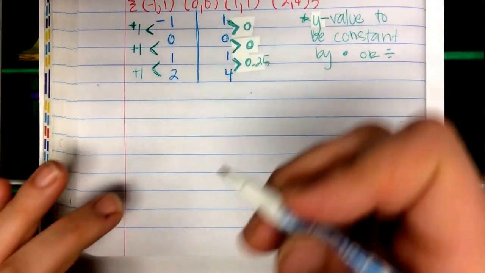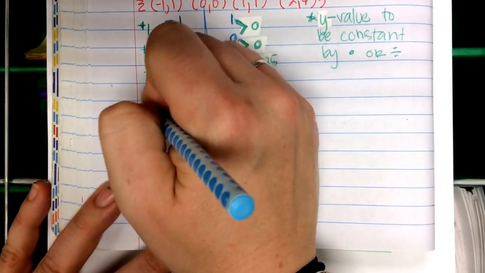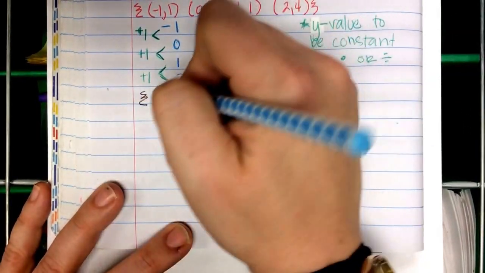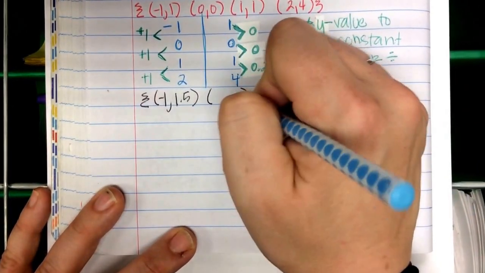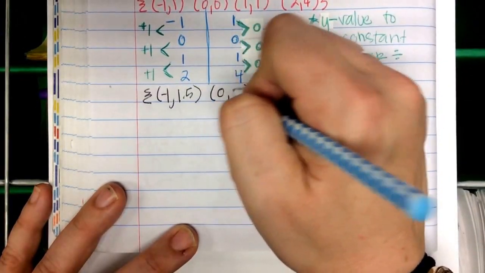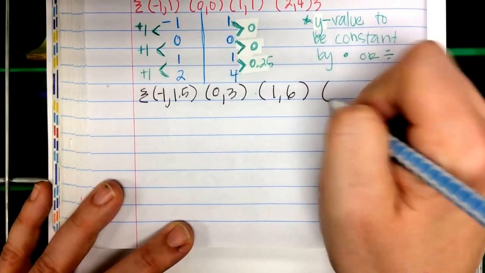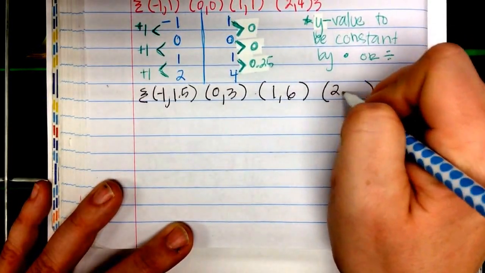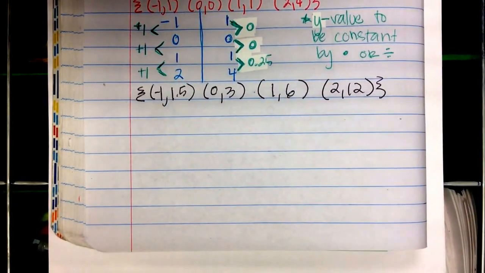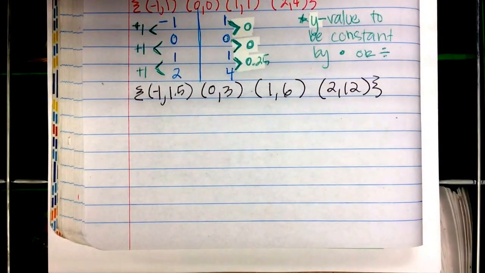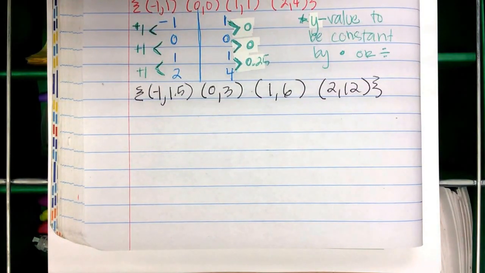Let's do -1, 1.5. 0, 3. 1, 6. And 2, 12. So let's look.